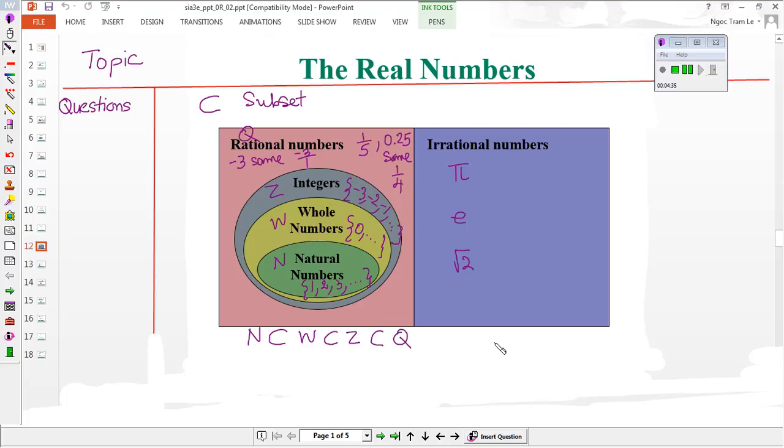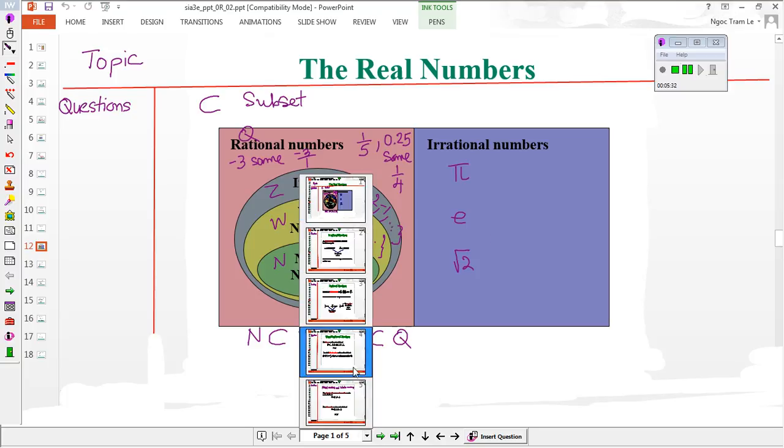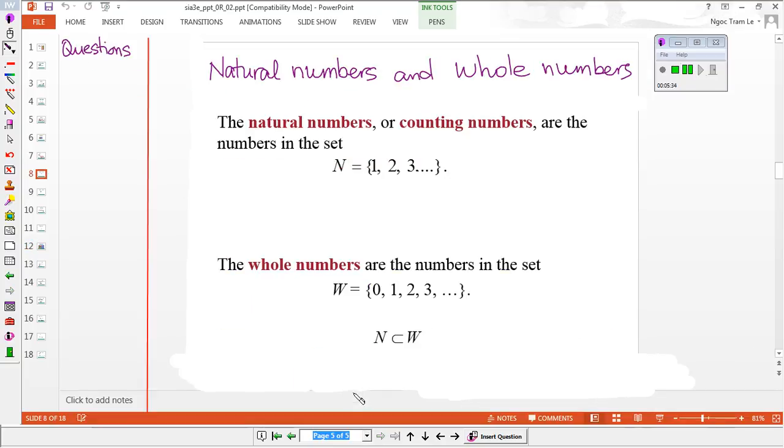So far you can see that the Venn diagram tells you that the set of real numbers is the biggest set of numbers compared with the natural numbers, whole numbers, integers, rational, and irrational. So now let's go into detail for the definition of each one of them. So let's start with natural numbers and whole numbers.